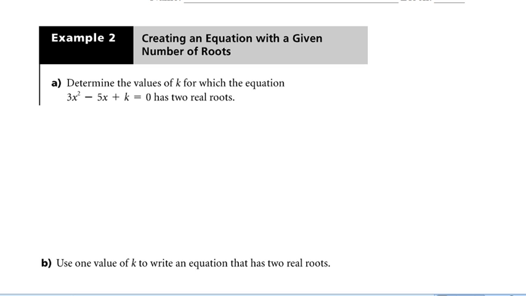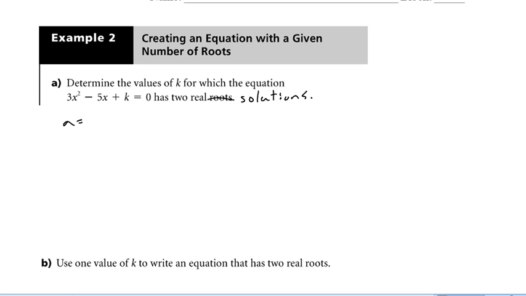Okay, and it would be way too easy if we were just using the discriminant to find the number of solutions. So let's have a look here. So this one wants to know values of k for which the equation has two real roots. I really don't like the real roots, so I'm going to change that to solutions. So we want to know for what value of k are we going to have two real solutions.